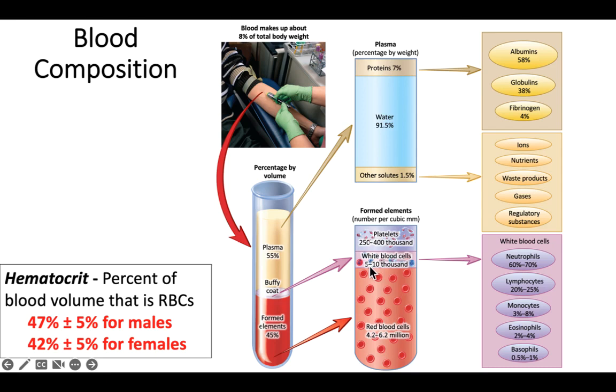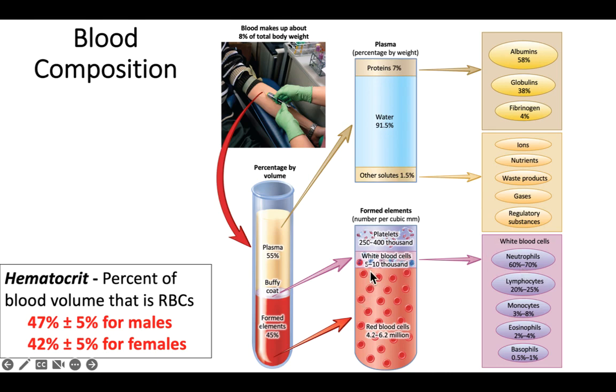If we take the white blood cells, we have to further separate those out because there are different types. Again, those are called neutrophils, lymphocytes, monocytes, eosinophils, and basophils. And then these are their normal percentages. So of all the white blood cells in your blood, most of them, 60 to 70%, are the neutrophils.